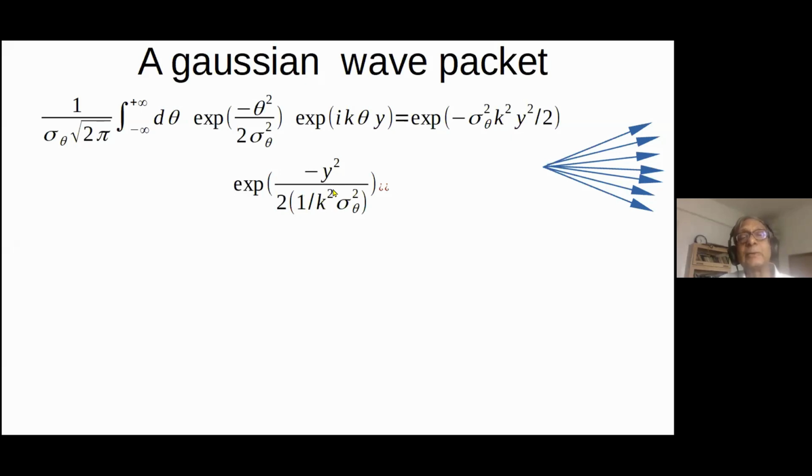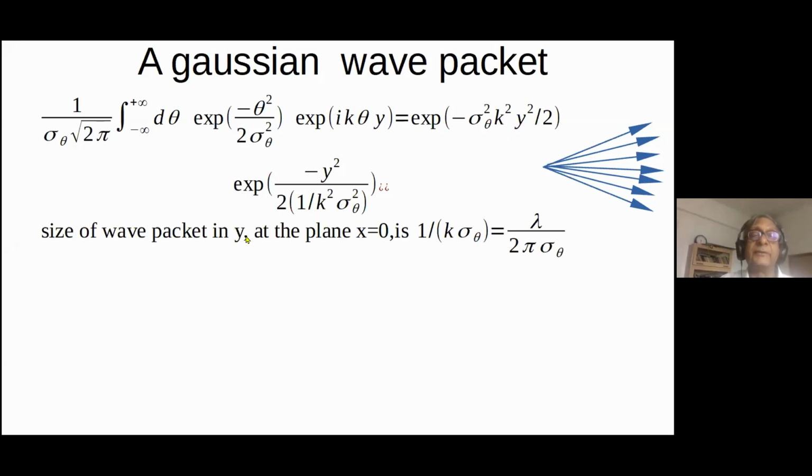And this something is obviously the spread in y. So the size of the wave packet in y at the plane x equal to 0 is 1 over k sigma theta. So of course there are some extra factors of 2 pi, but apart from that, it's lambda divided by the spread in angle. So sigma theta is the spread in angle.